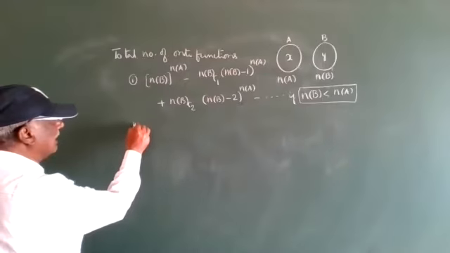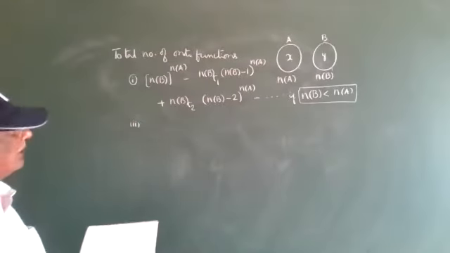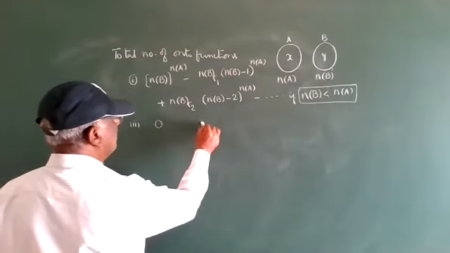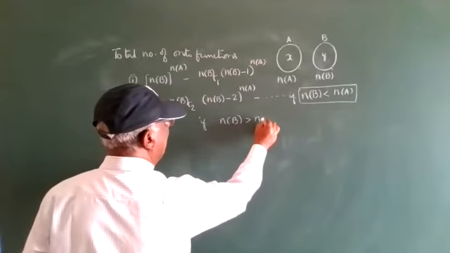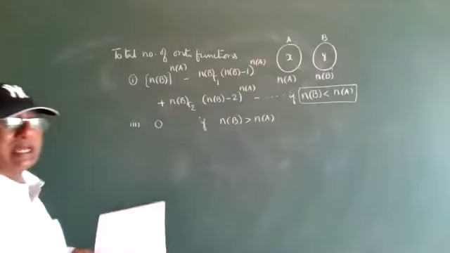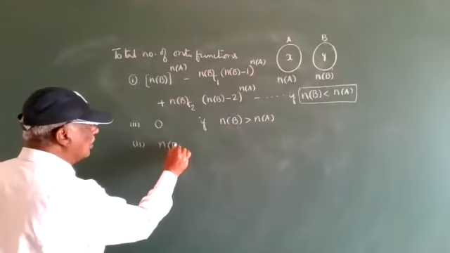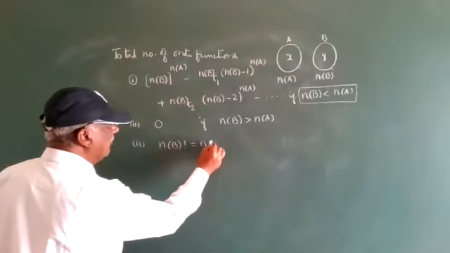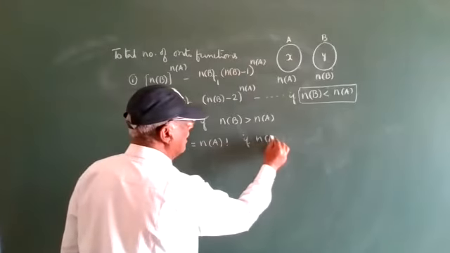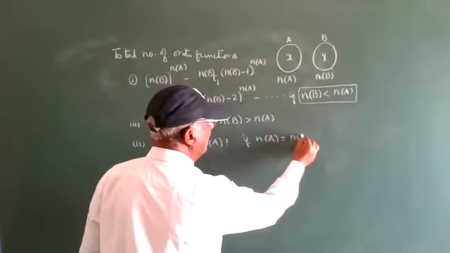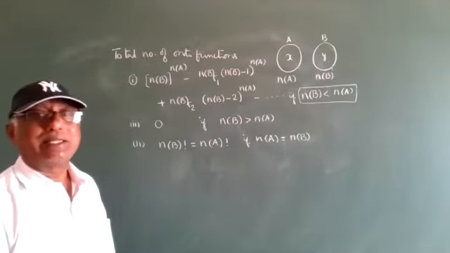Sir, what is the formula when n of B is greater than n of A? Then there are no onto functions. And when they are equal, sir? Then it is n of B factorial, or n of A factorial, if n of A equals n of B. If the number of elements in A and B are equal, we can apply this condition.